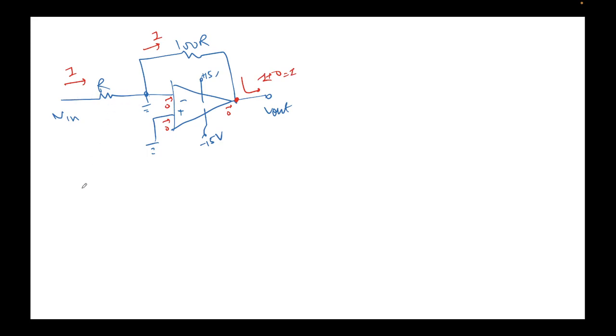Now I'll write Ohm's law across this resistor. V in minus 0 equal to I times R. Again, Ohm's law across this resistor: 0 minus V out equal to I times 100 R. So IR equal to V in, and I get V out equal to minus 100 times IR.